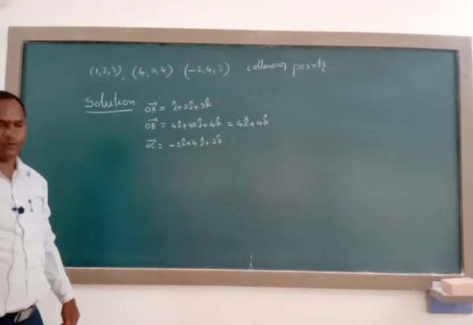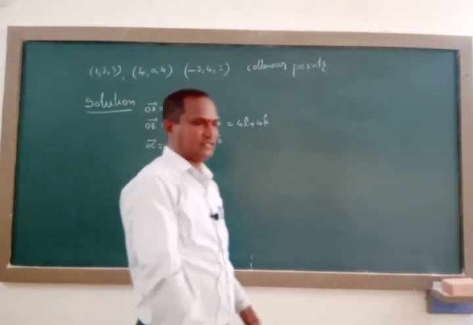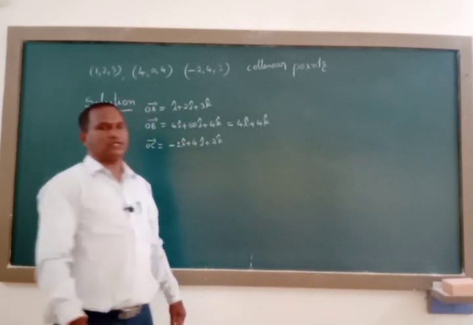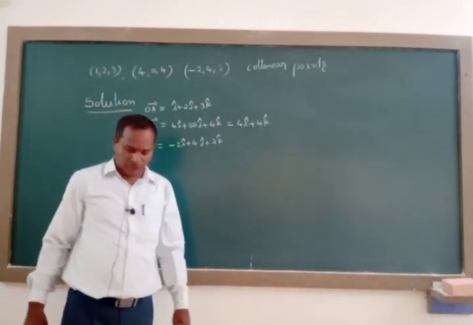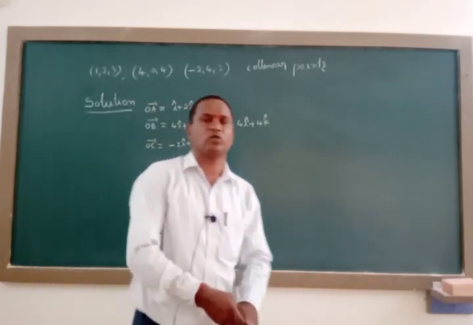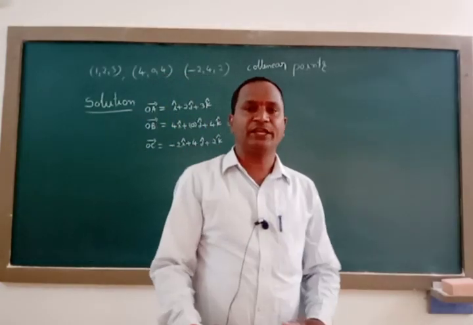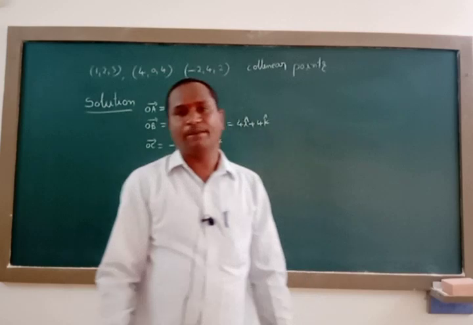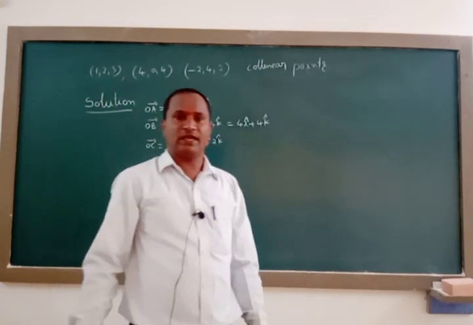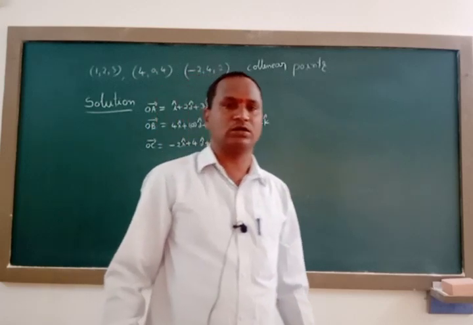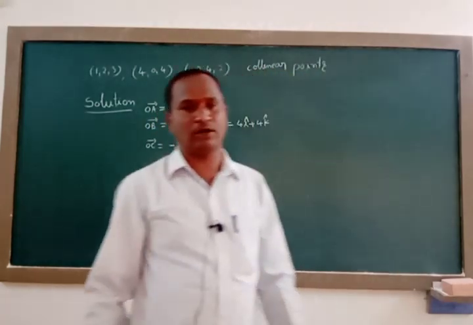From all these 3 points, we have to find 2 vectors. Already I told in one question about 2 vectors. When we call those vectors collinear vectors, one vector must depend upon the other vector. For that I also gave the formula, that is A bar is equal to lambda into B bar or B bar is equal to lambda into A bar.